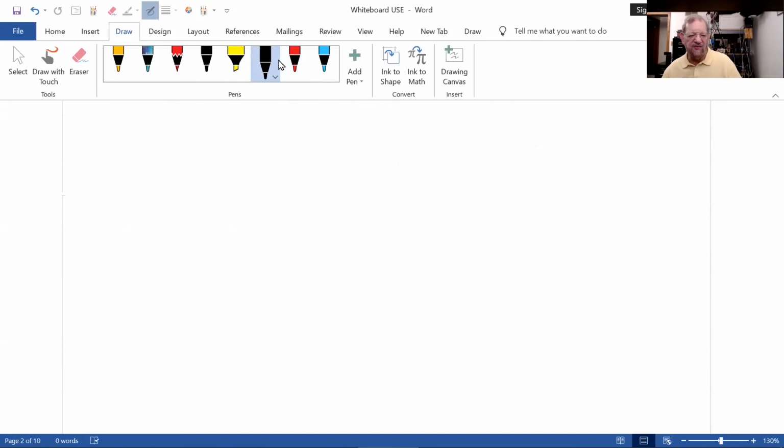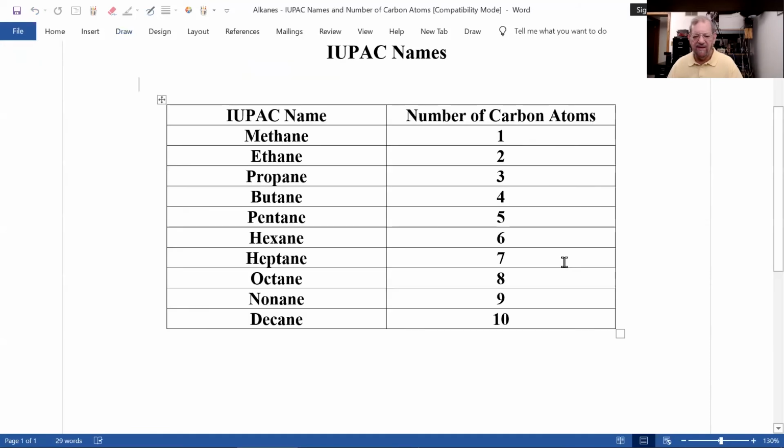So if I were to ask, give the IUPAC name for the following, why don't you try that? How many carbons in the ring? I'll give you 20 seconds, then I'll show you a table that'll help you out. Five carbons in the ring.